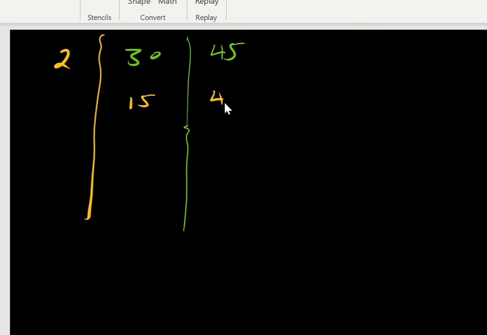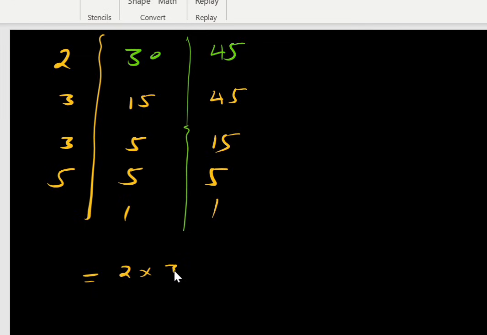Here we have 45. So by 3, you get 5, 15. By 3 again, you get 5 and 5. So by 5, you get 1, 1. So the LCM will be 2 times 3 times 3 times 5. So 2 times 3 is 6, 6 times 3 is 18, 18 times 5. So the answer is 90.